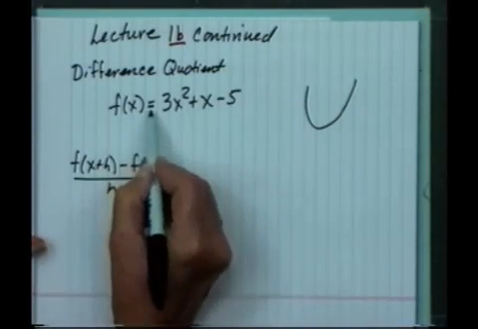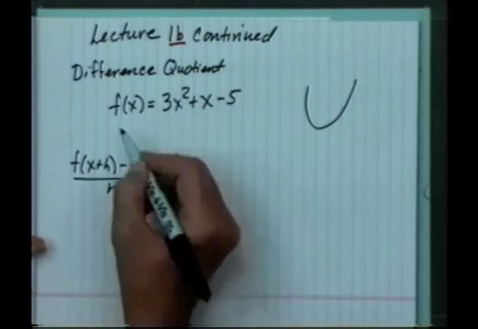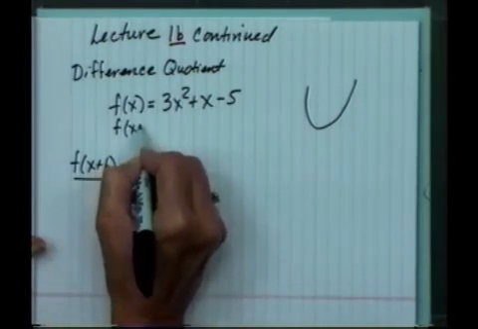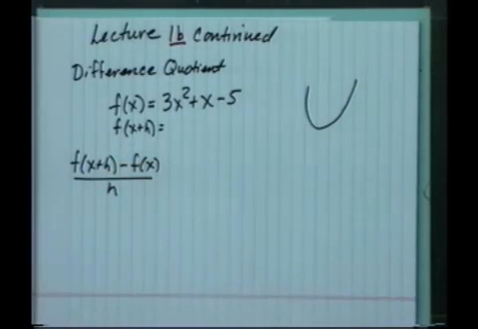If f of x is 3x squared plus x minus 5, take a second and find f of x plus h. We can just substitute in.